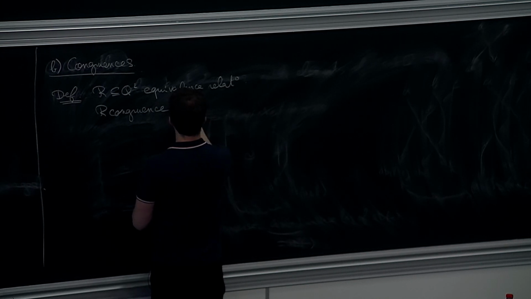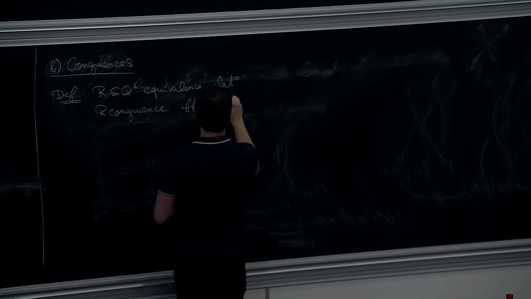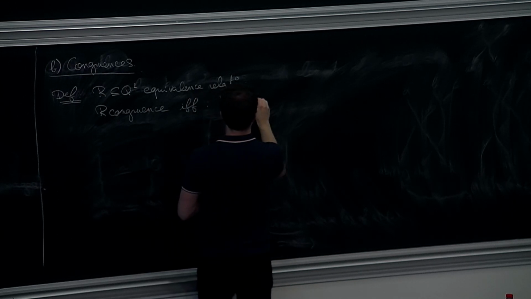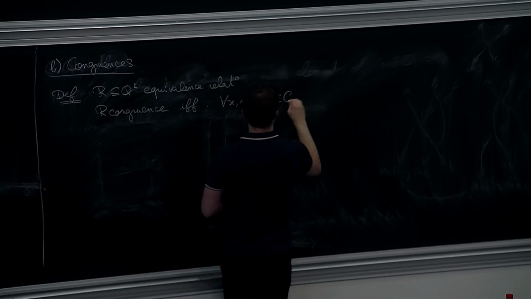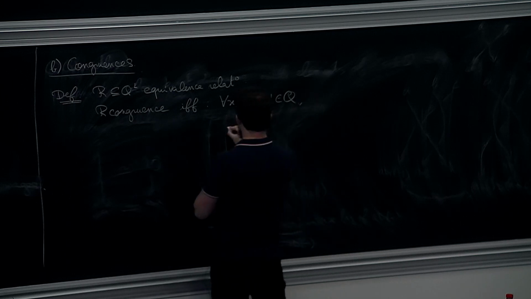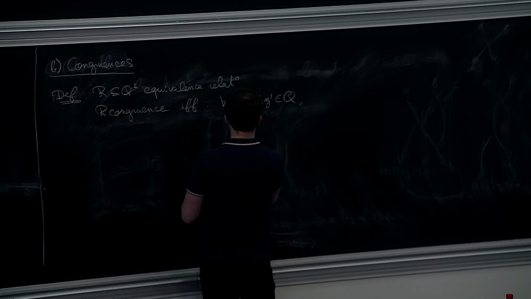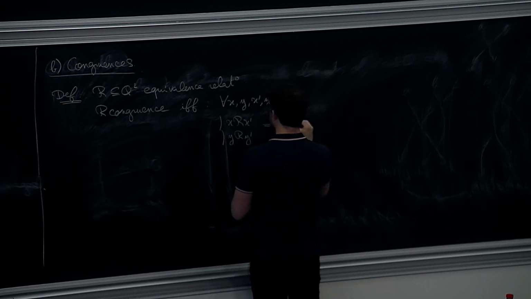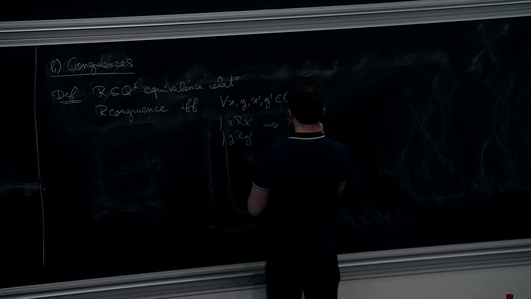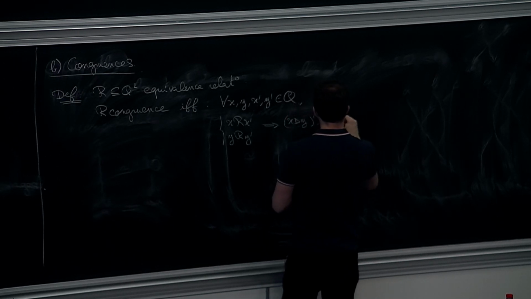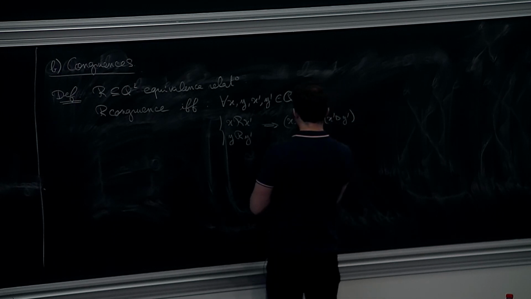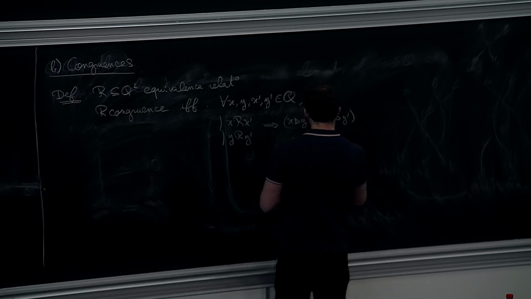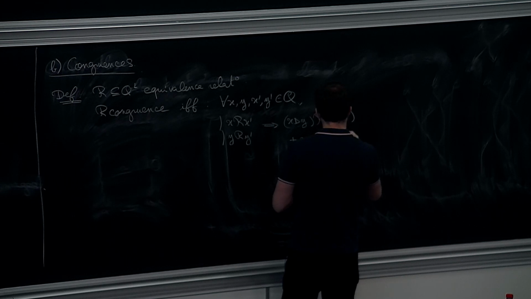R is a congruence if and only if for all x, x', y, y' in Q, if x is in relation with x' and y is in relation with y', then x acting on y is in relation with x' acting on y', plus the same with the inverse law.